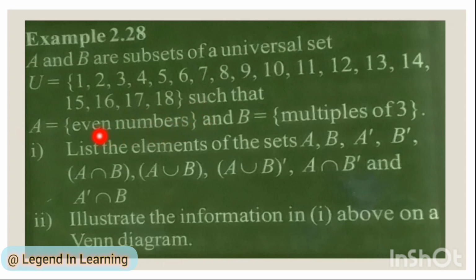I did a video on types of numbers, so you can check my channel on how to figure out even numbers and multiples of 3. List the elements of the sets A, B, A complement, B complement, A intersection B, A union B, A union B complement, A intersection B complement, and A complement intersection B, and we have to illustrate it on a Venn diagram.